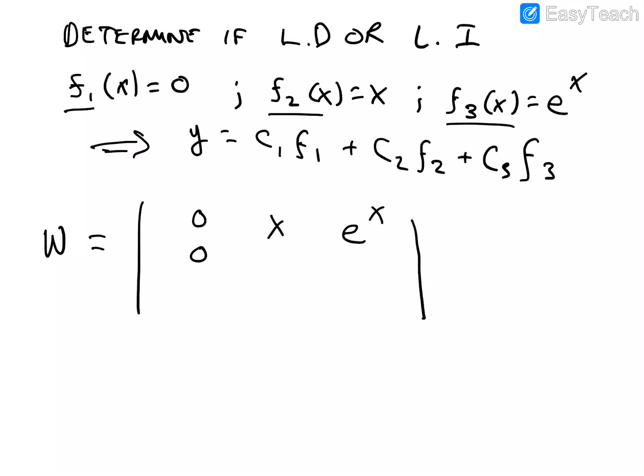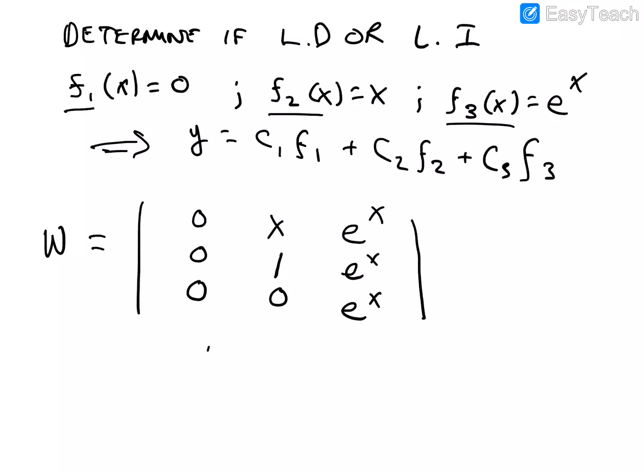If we take the second derivative of 0, that's 0 still. If we take the first derivative of x, you get 1. And you take the derivative of 1, you get 0. And the derivative of e to the x is e to the x. The second derivative would be e to the x.